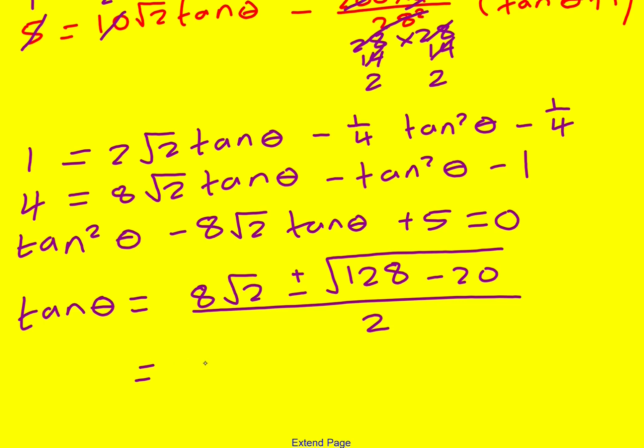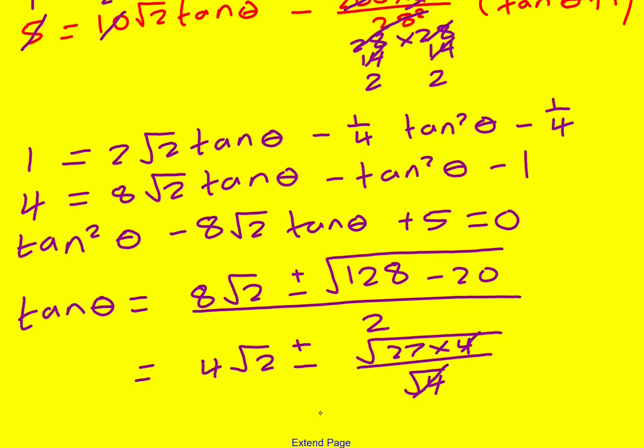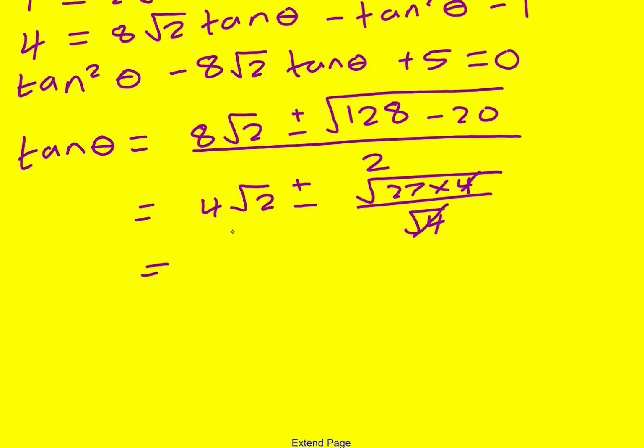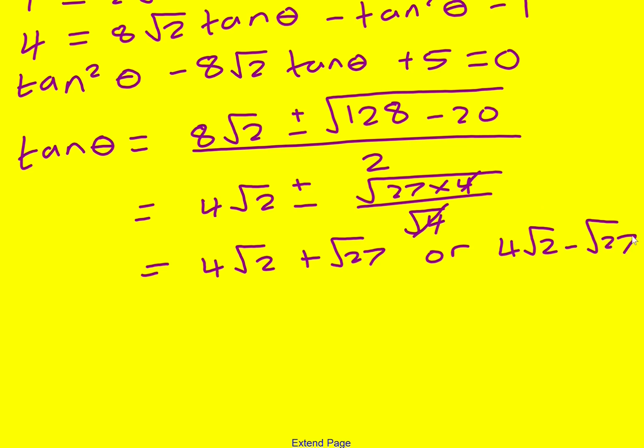This becomes 4 root 2 plus or minus, it's going to be 108, which is 27 times 4, all over root 4. So these cancel, and we've got 4 root 2 plus root 27, or 4 root 2 minus root 27 as our two angles where we're going to precisely hit the top of the wall.